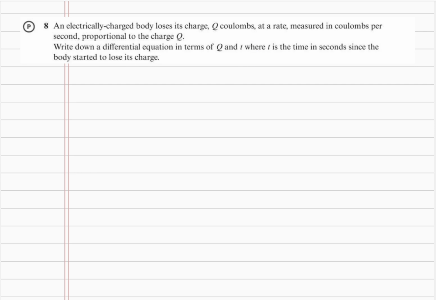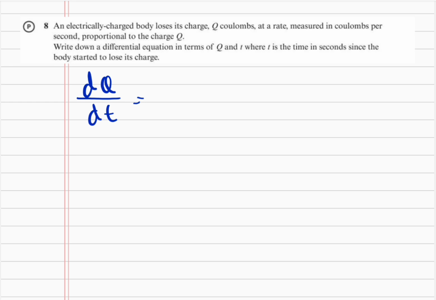So charge is shown with Q and t is obviously time. So this is about dq by dt, because it's about the rate at which the electrically charged body loses its charge. So that's the rate. That's what dq/dt means.